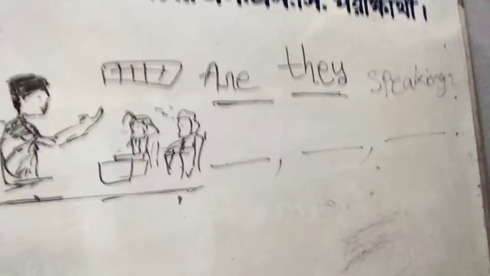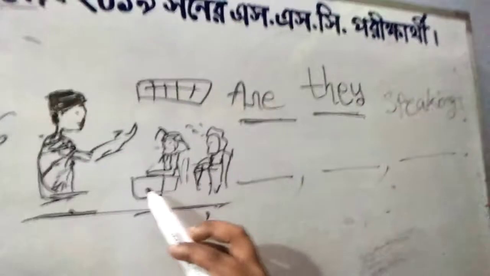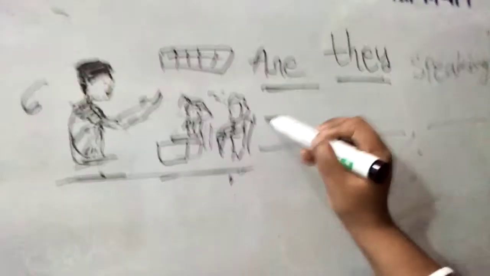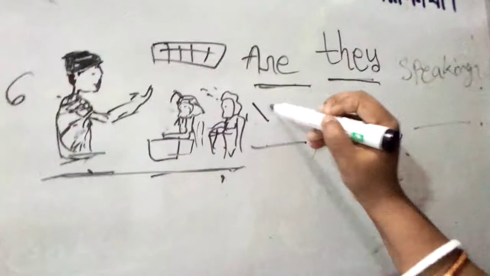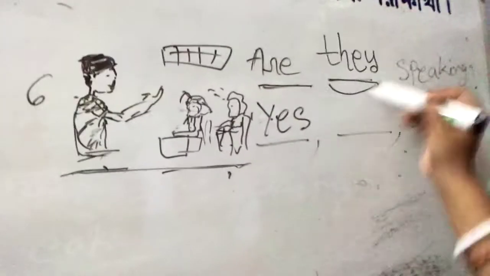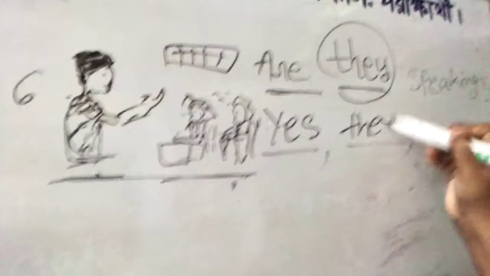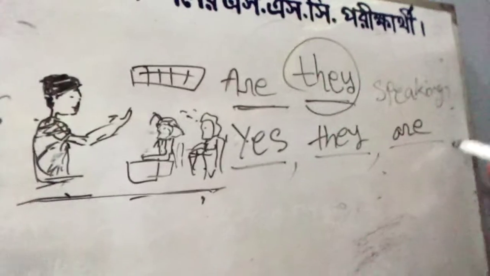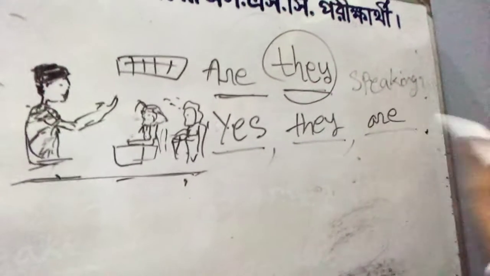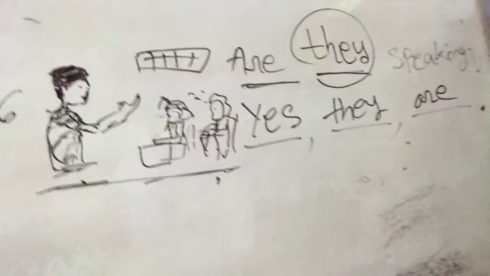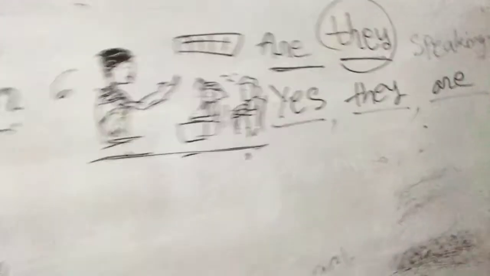Are they speaking? Are they really talking to each other? Yes, we should put yes, then the subject they and are, and we don't need to mention the object speaking. Okay, so in this way you can solve the questions or fill in the gaps.